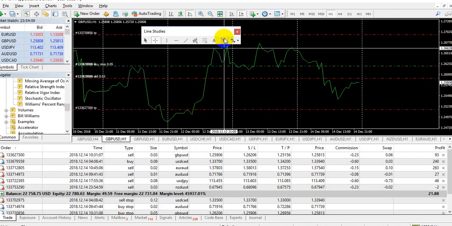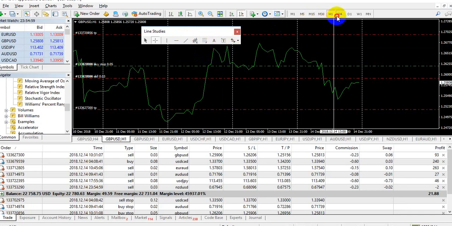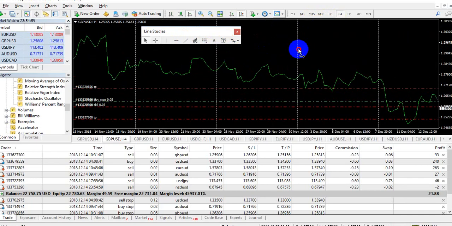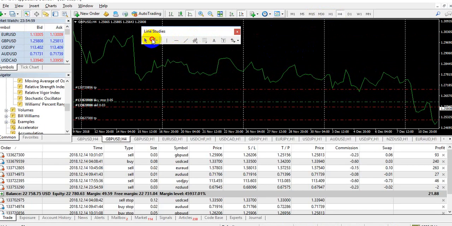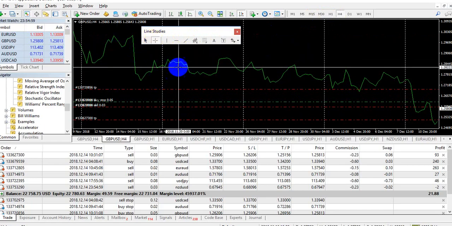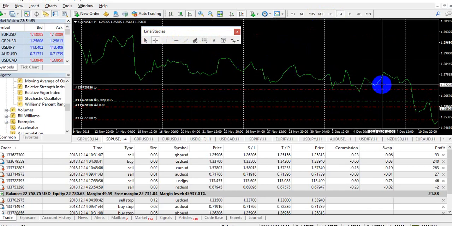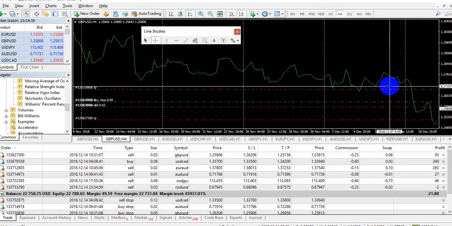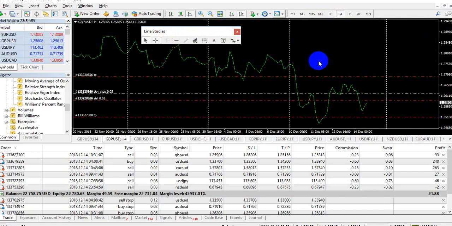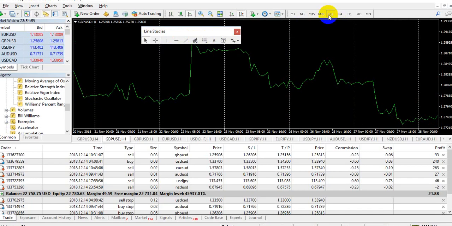That's just what it does all the time. So look at this again. You can see zigzag, zigzag, zigzag. It's going down, but it's going up and down. So that is how price moves.